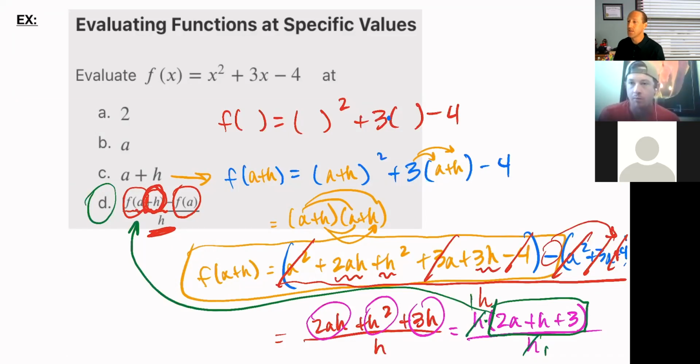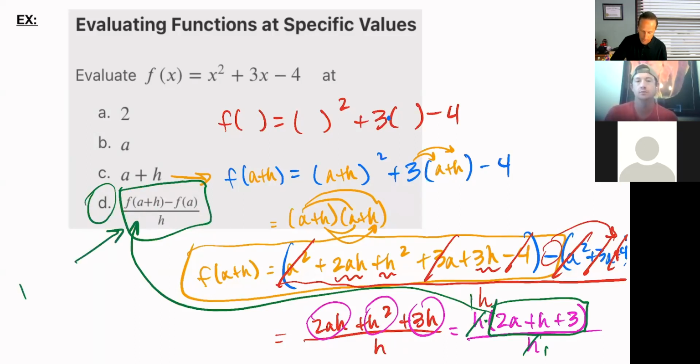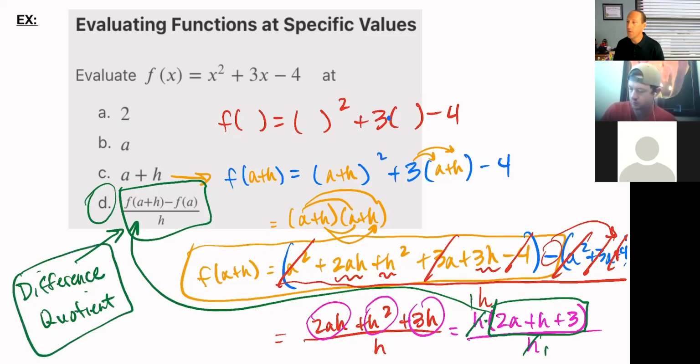Now, it seems like a mess, and you're absolutely right, but this is one of the most important concepts that you will start out calculus with. You will actually name this whole thing here, which let me clean it up a bit. This is called the difference quotient. And it will be the basis of the entire first semester of calculus.